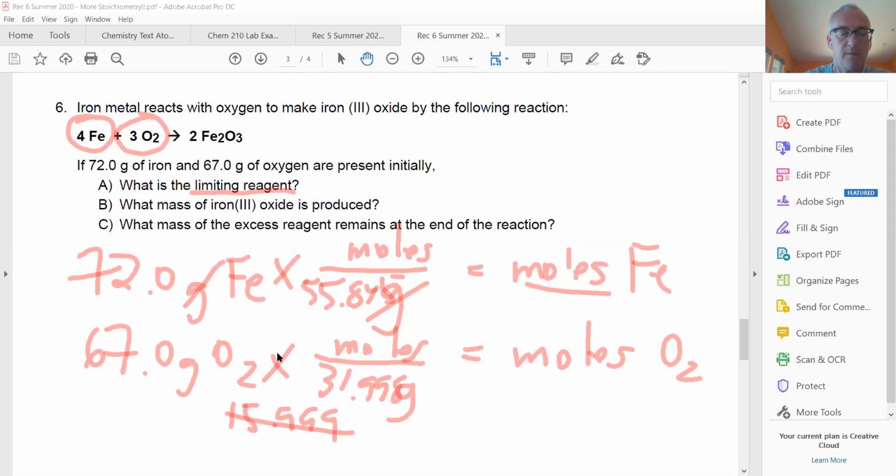Okay. So that's going to give me my moles of each one. So how many moles of iron do I have? Did you multiply your answer by 2? You said you have to multiply by 2 because we have 2 atoms.